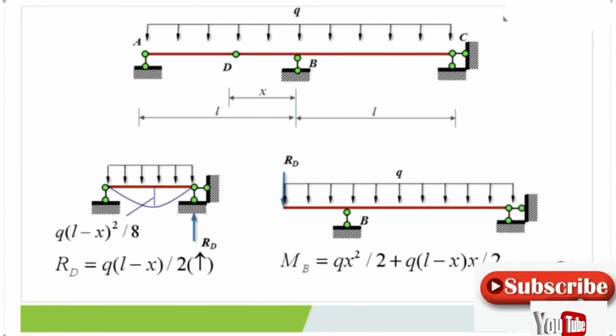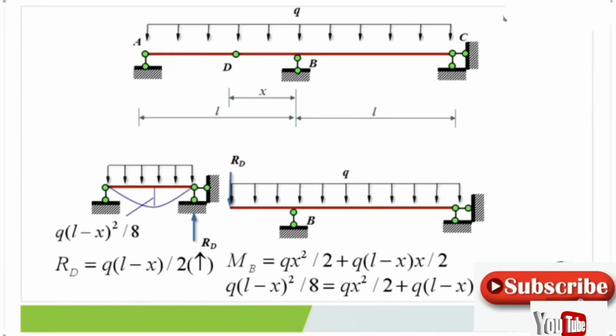Then according to the condition, we want to guarantee the maximum positive bending moment equal to the absolute value of the negative bending moment. That means we want to let this value, Q times (L minus X) squared over 8, be equal to the absolute value of MB. According to this equation, we could solve the value of X equal to 0.172 L. And then, according to the value of X, we could obtain the value of MB, that's 0.086 QL squared.